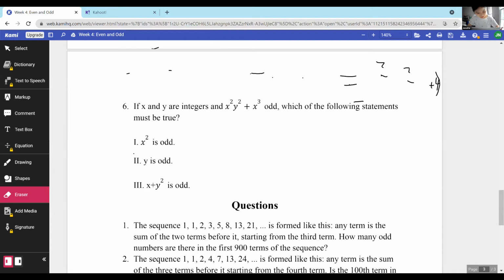Okay, so I got one response in the chat.